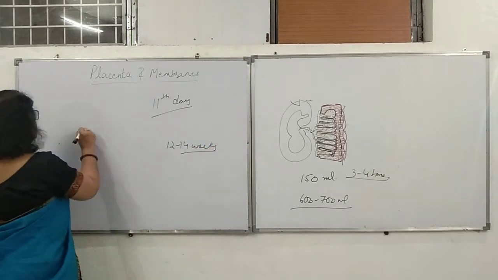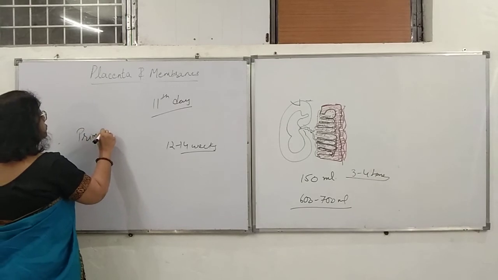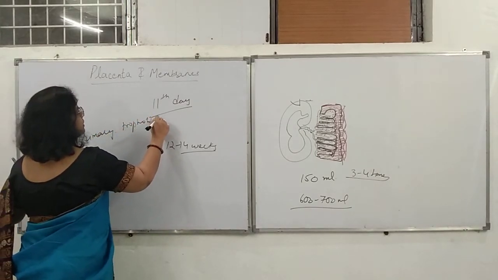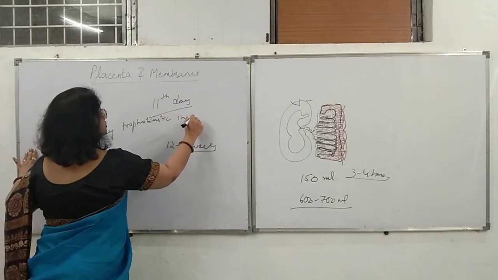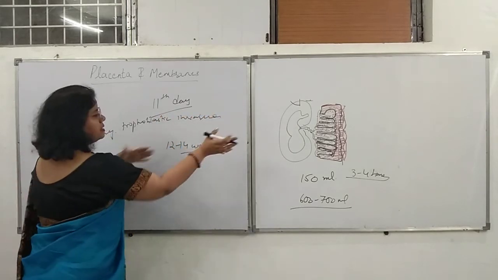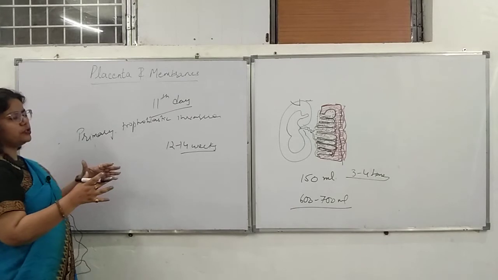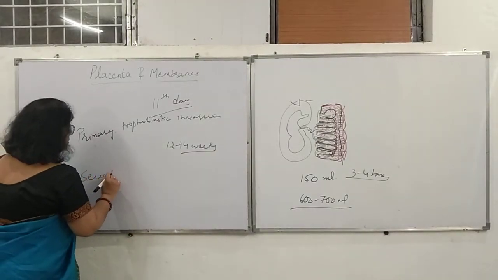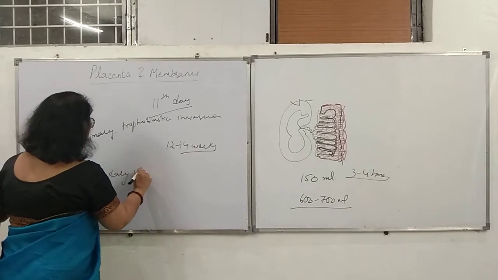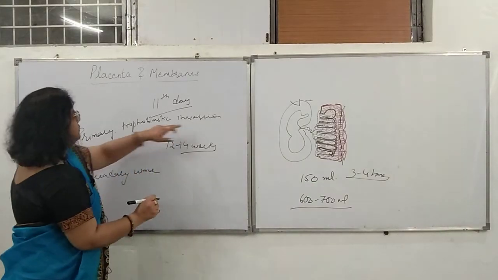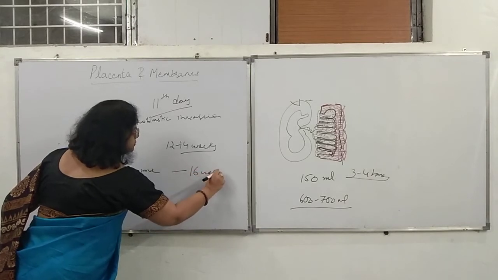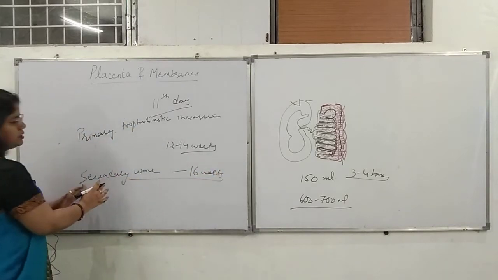It is called the primary trophoblastic invasion into the decidua. It is important for the formation of the placenta. Then is the secondary wave. The secondary wave of trophoblastic invasion occurs at around 16 weeks.